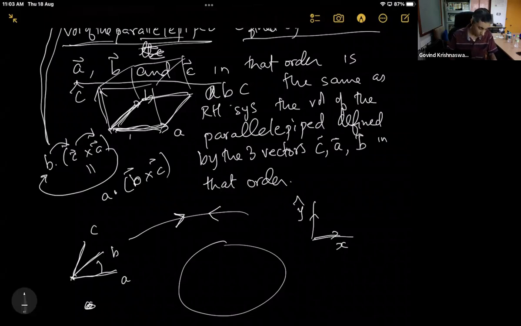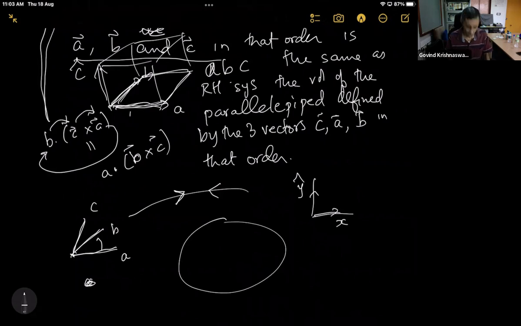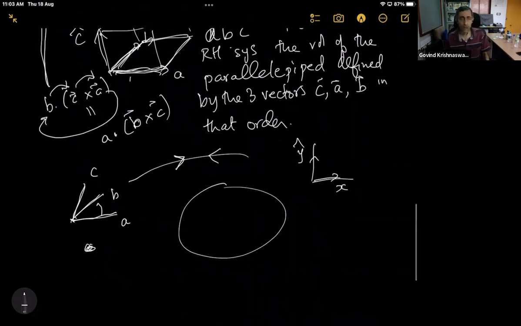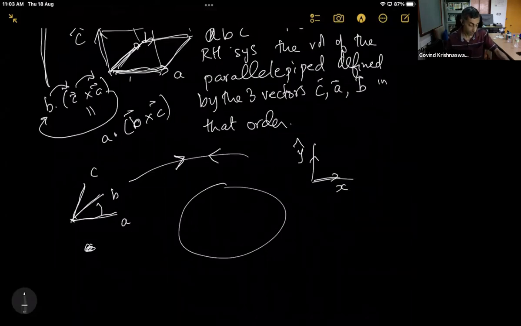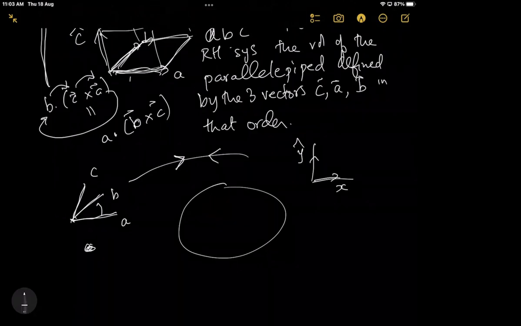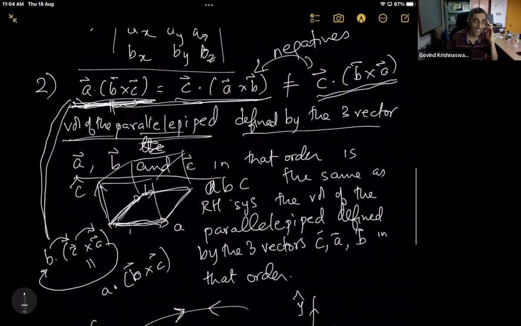So that way we can assign positive and negative volumes to parallelepipeds that are defined in different ways. I admit I'm being a bit imprecise here, but partly on purpose because it will take us too far afield. Okay. Any other urgent questions on this?